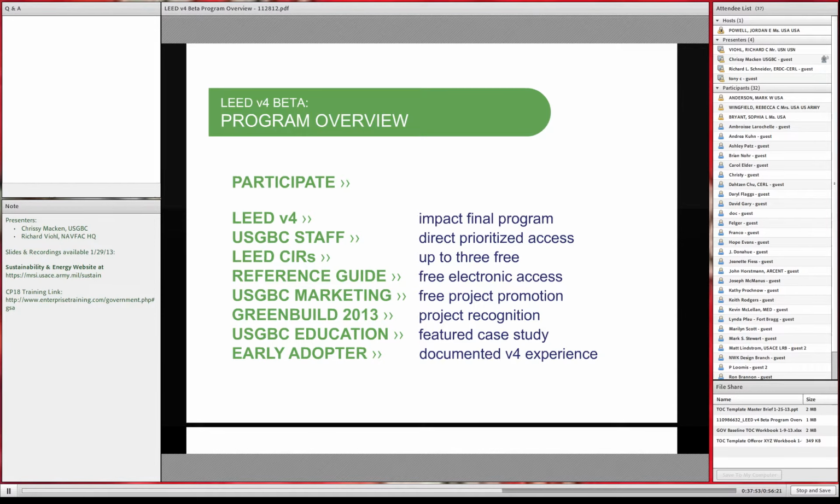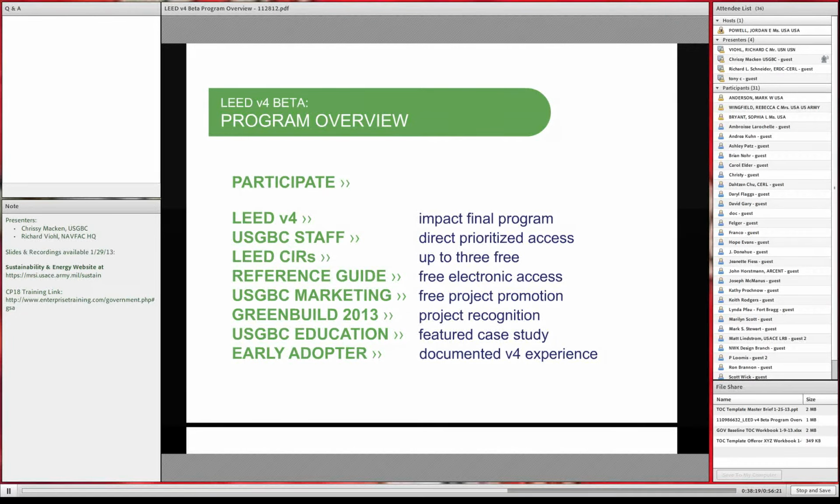For example, Building Green is working on a story for beta projects to feature them, and so there's a lot of opportunities to get some profile around the project and have the word get out about participation in this new program. At Greenbuild 2013, we'll be doing recognition of all of our beta projects, whether you've completed certification or are still working toward it. So that'll be a great opportunity for some additional exposure.